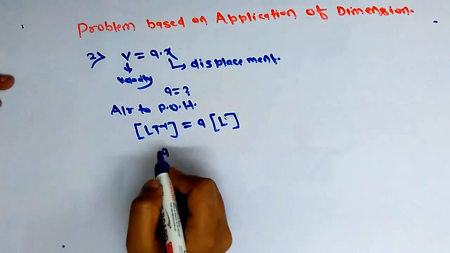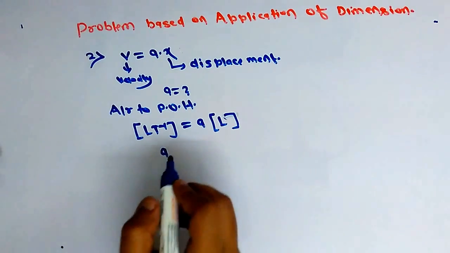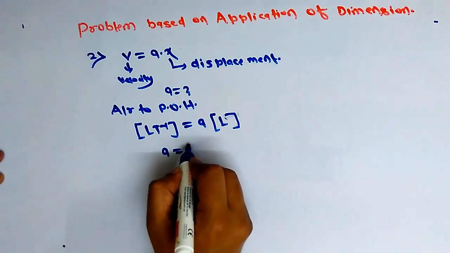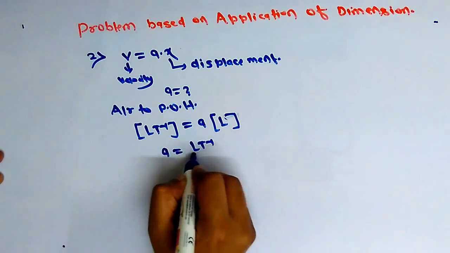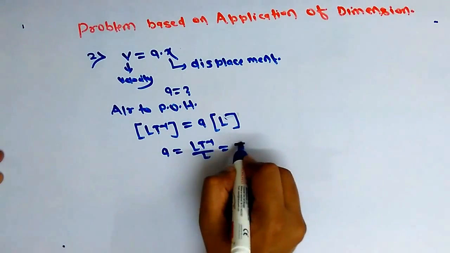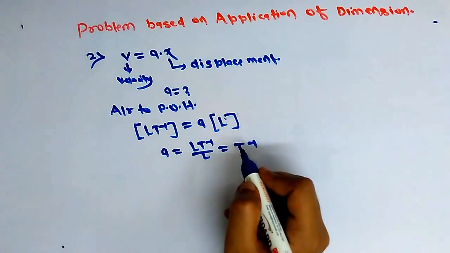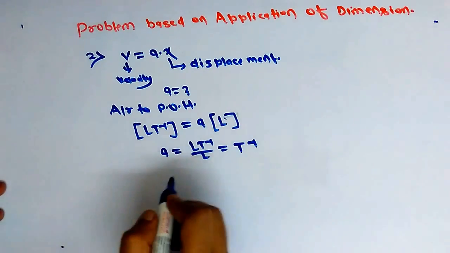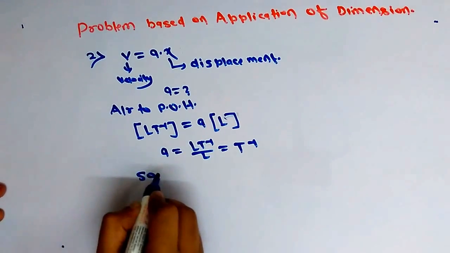So a is L T^-1 upon L. So I can get a equals T^-1. So the dimension of a is T^-1.